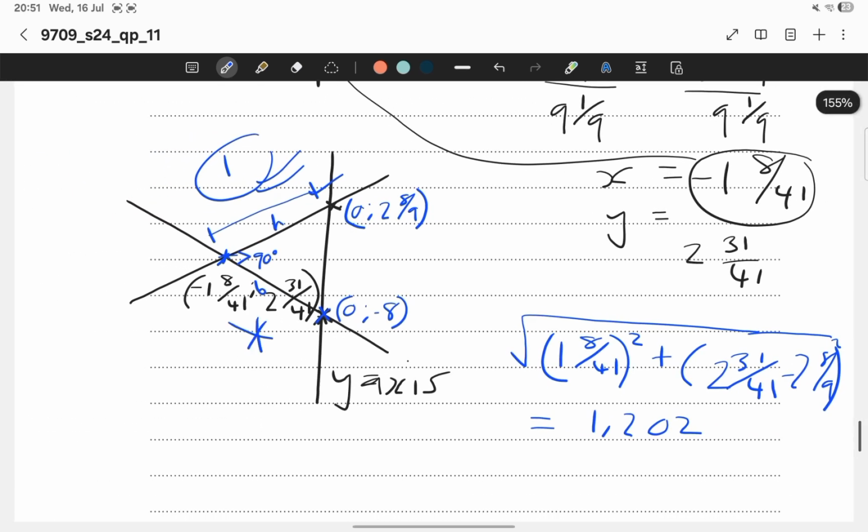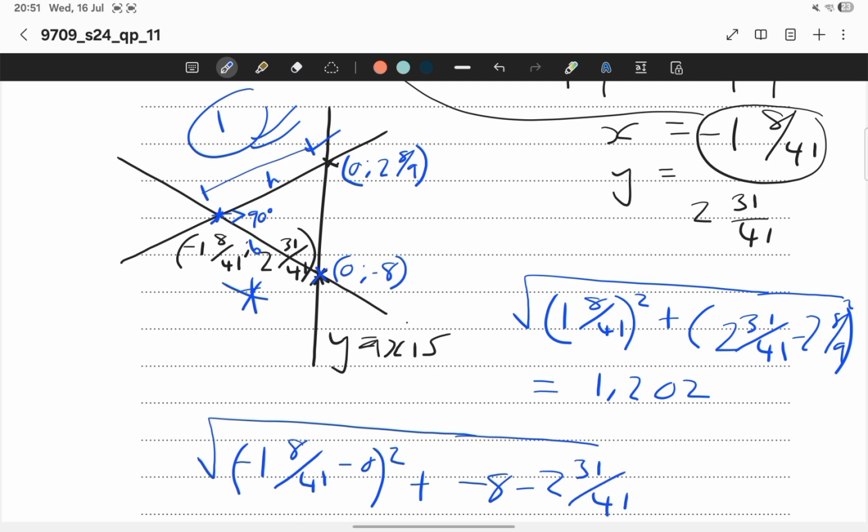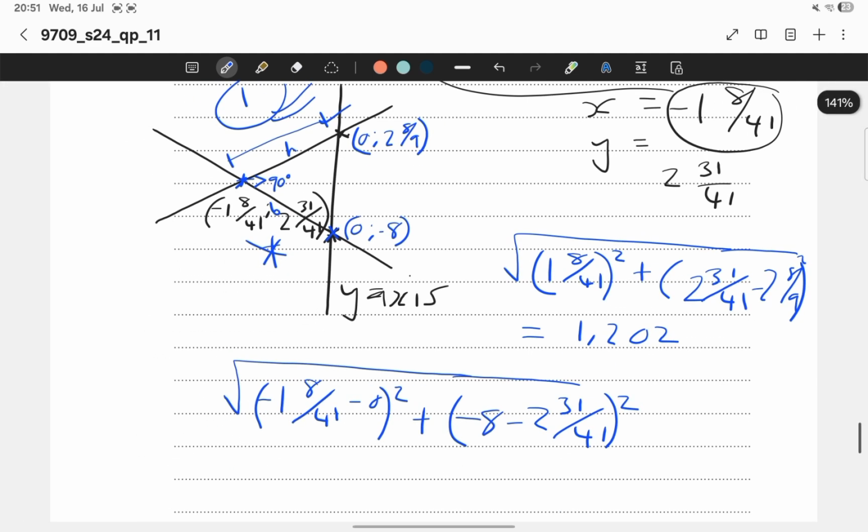And for these points right here, we're going to say square root of minus 1 and 8 over 41 minus 0 squared, plus minus 8 minus 2 and 31 over 41 squared, and that gives us 10.82.